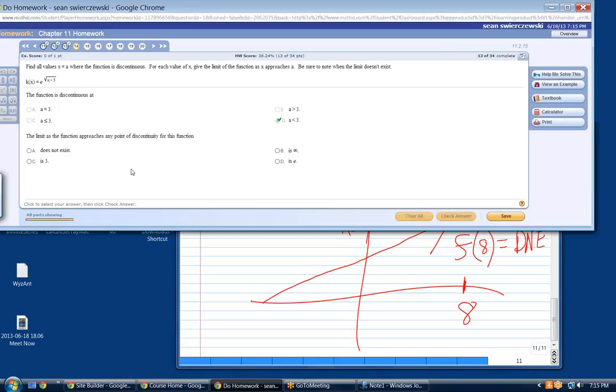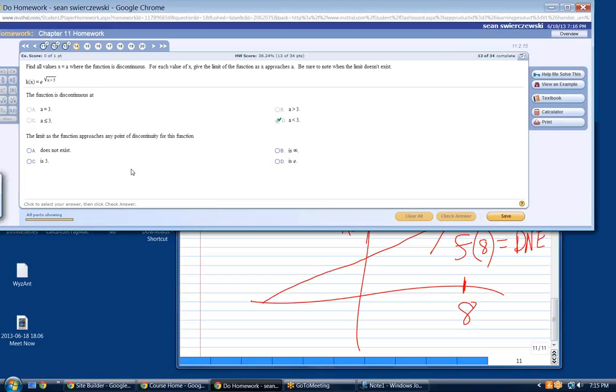The limit as the function approaches the point of discontinuity is what? I'm not sure. I'm going to guess 0. Well, let's see.